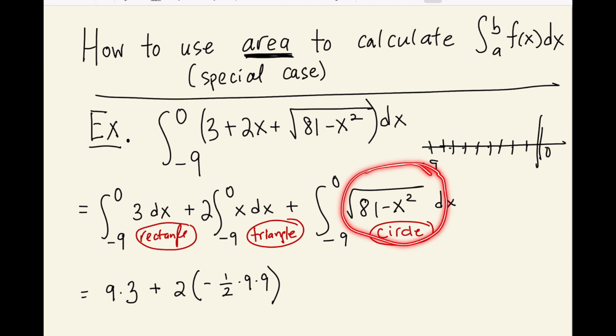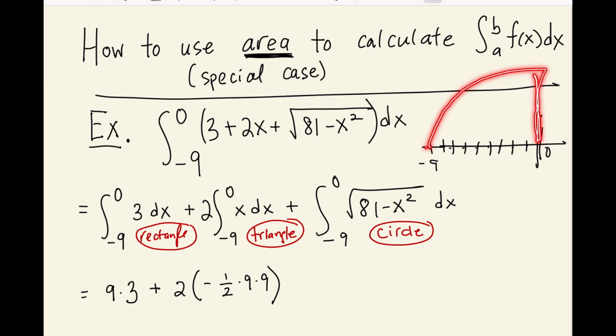Okay, so this is the top of a circle with radius 9. This is going to give me a quarter of a circle, right? So that is actually going to be plus pi times 9 squared over 4.